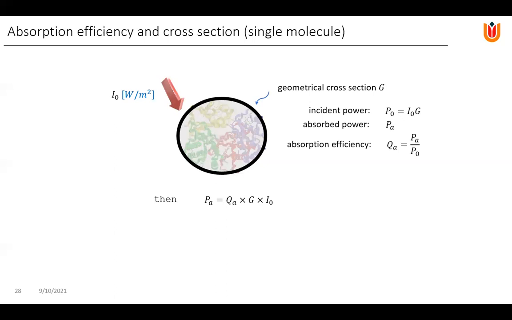It works out: I0 is in watts per square meter, G in square meters, and the efficiency is dimensionless. So by rearranging these terms, we can get an expression for the absorbed power. Why not group two of these terms together? Why not group QA, the absorption efficiency, and the geometrical cross section G together into this single quantity?